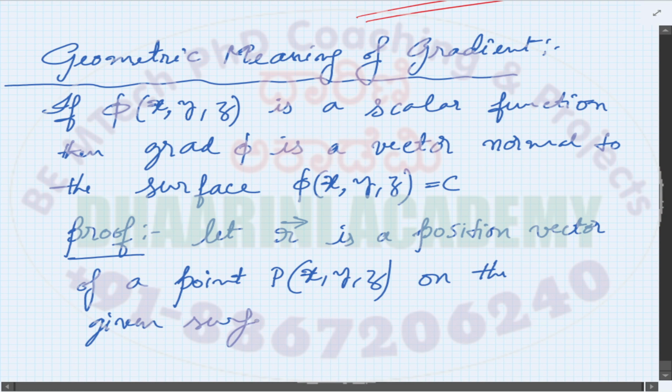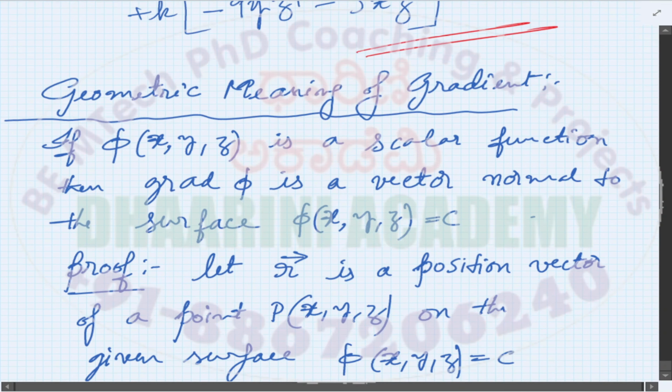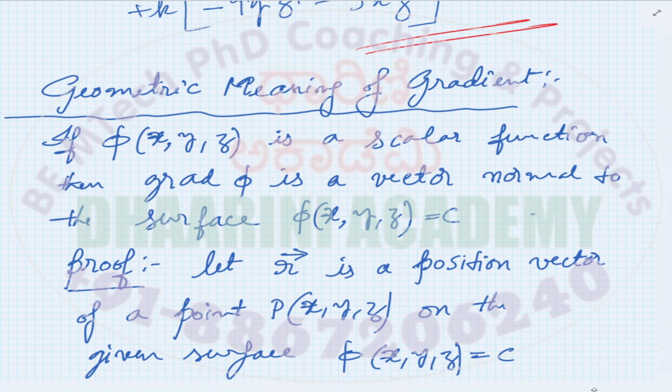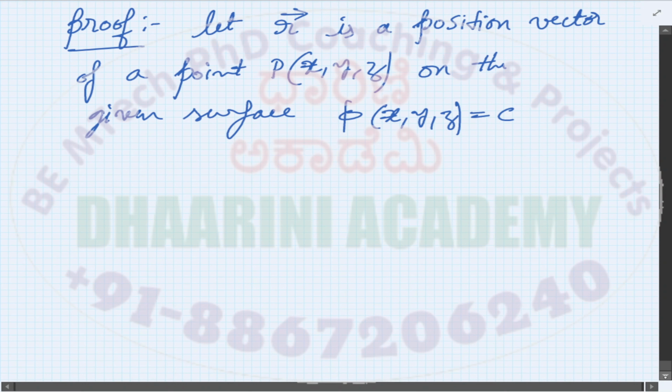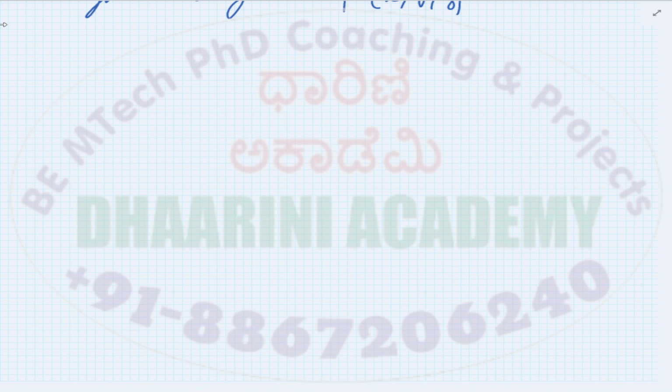What is that given surface? It is phi of x, y, z equal to c. Basically we are trying to find out whether we can represent the normal to that surface.